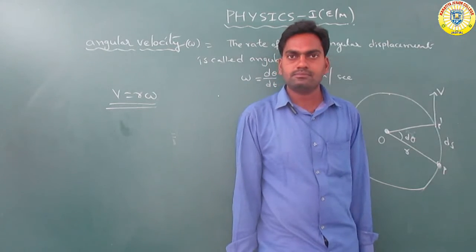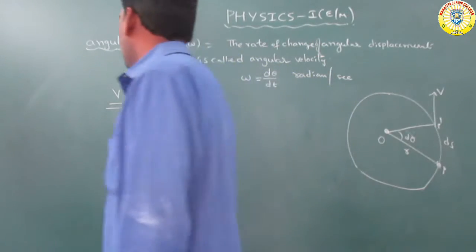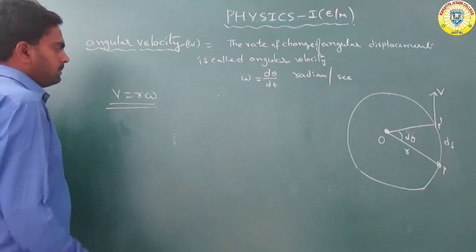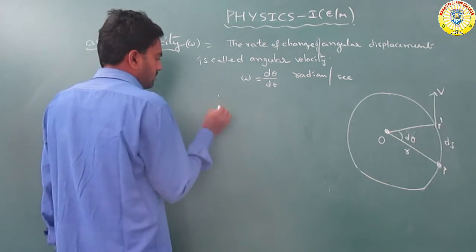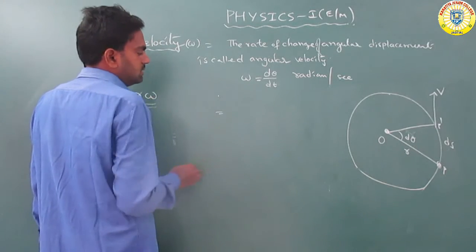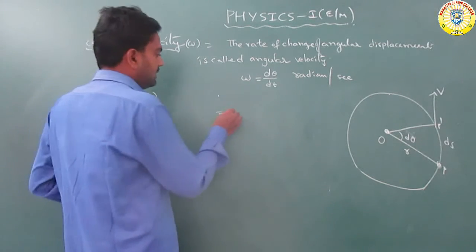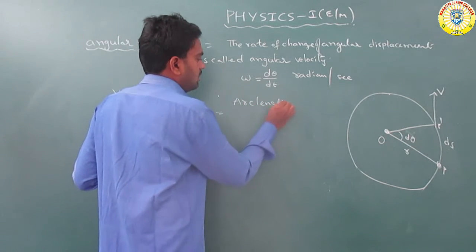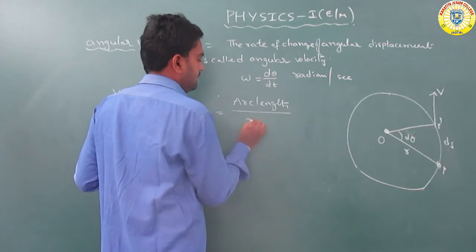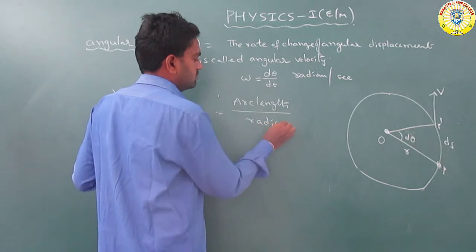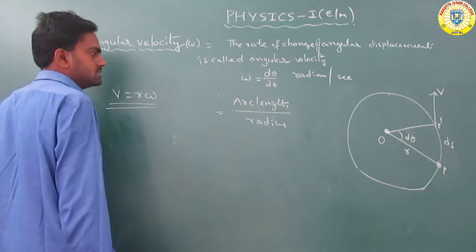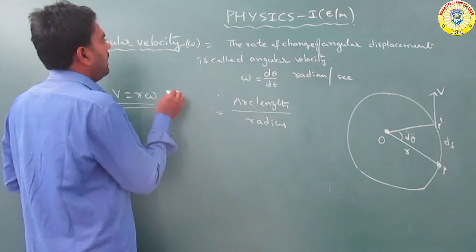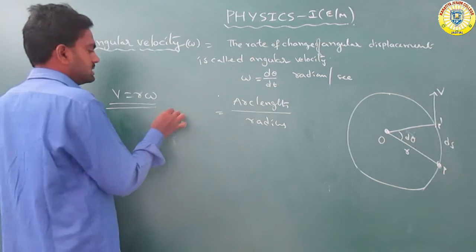Now according to the rule of the circle, arc length by radius is called angular displacement.